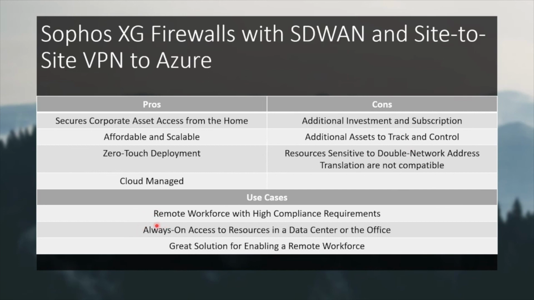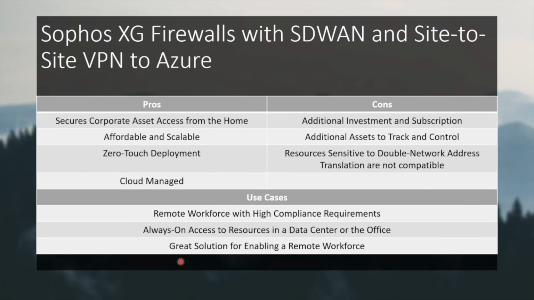Then it's always on access to your resources in your data center or in your office without additional overhead of configuring that site-to-site VPN. It's not too much extra, but with that SD-WAN you can scale. Instead of configuring 100 VPN tunnels individually for 100 devices, you can just set one policy that defines that connection, and they all connect when they come online.